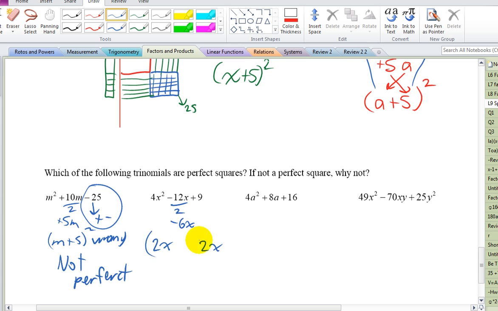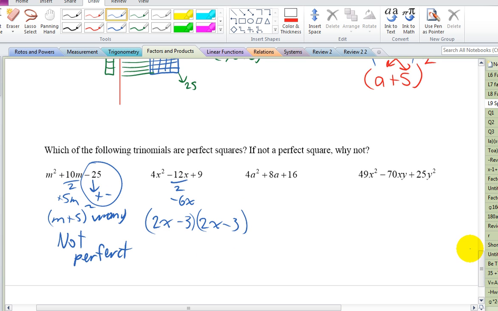This one's a little tricky because it's a harder trinomial, but this would be minus 3 and minus 3. When you multiply them together, that's where you get your negative 6x. So for a harder trinomial, you're going to have to guess and check. So yes, because you can get 2x minus 3 all squared.